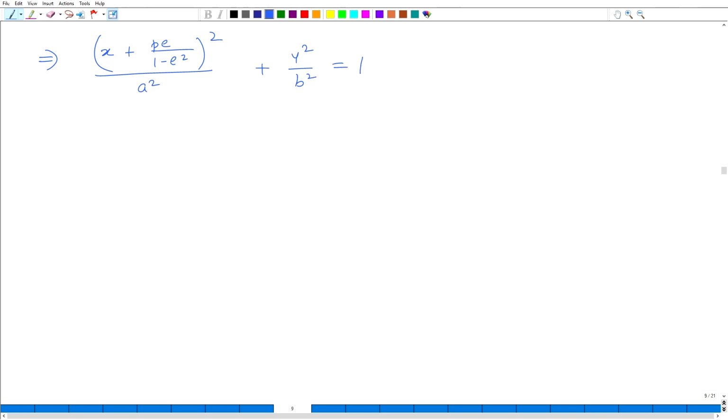Where a is given by p by 1 minus e square and b is given by p by root over 1 minus e square. And both of them are greater than 0. So this will be greater than 0, this will also be greater than 0. They are not equal here; they will of course be equal if e is 0.